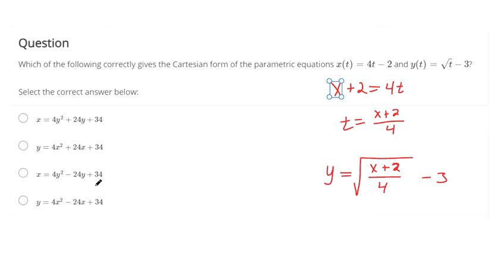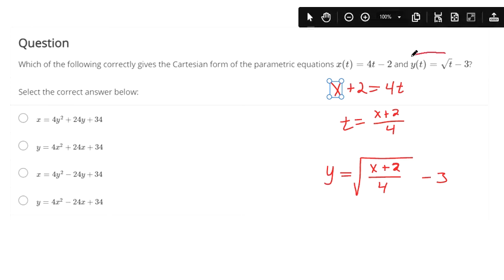That doesn't match any of our answers here, though, so let's see if we can expand. Because that square root, that's not going to expand nicely. You could try to square both sides, but you don't distribute that squaring power, so that's not going to come out really nice and clean.